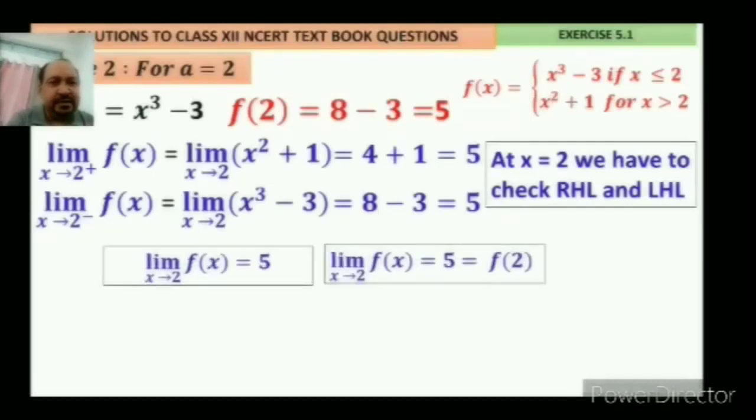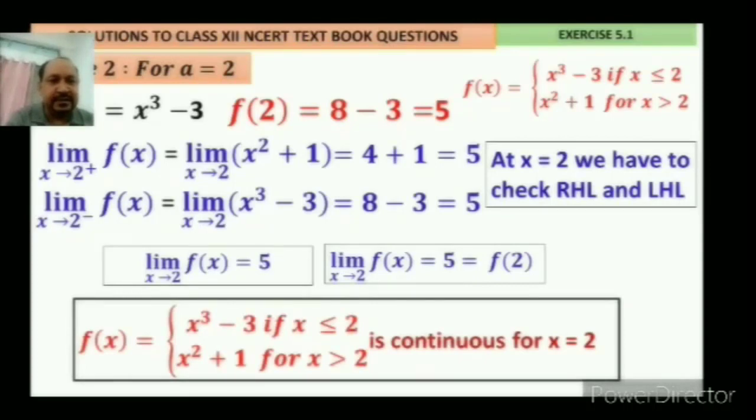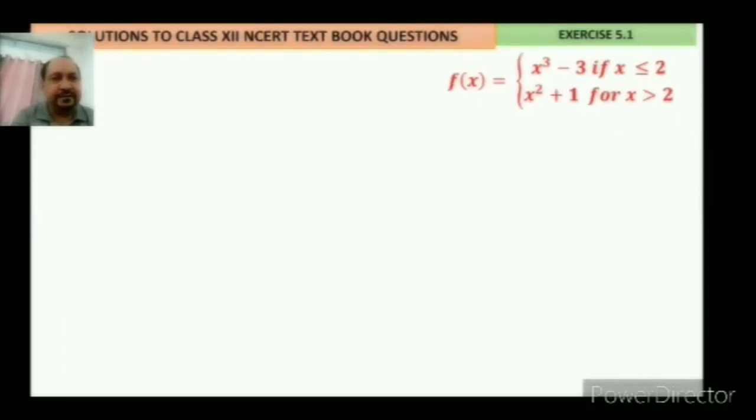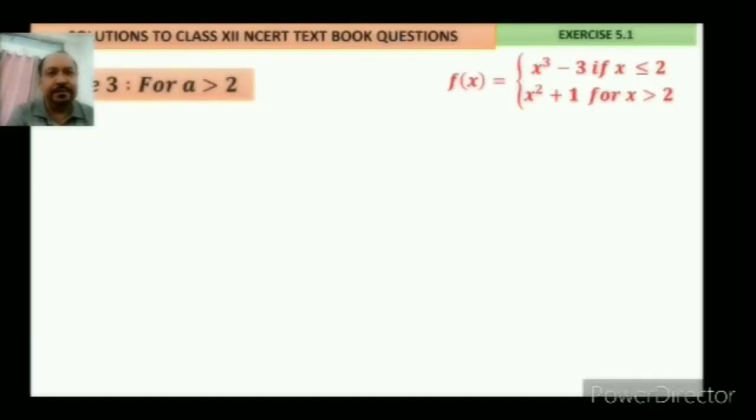Therefore both the limit value of the function and the functional value of the function are equal to each other. Therefore the function is continuous for x equal to 2.